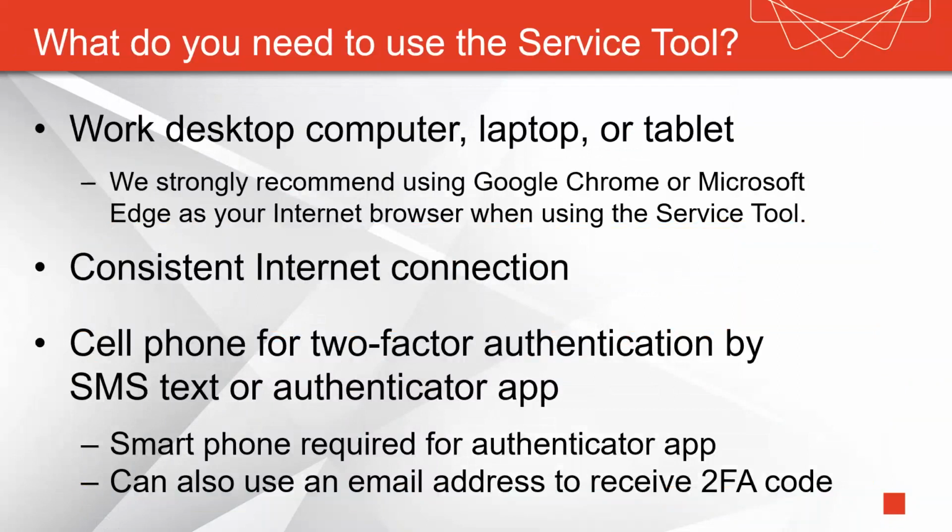It's probably easier to interact with a larger screen, and we recommend that you use Google Chrome or Microsoft Edge as your internet browser, because those are the most compatible with the programming of the service tool. And you'll need a cell phone for two-factor authentication by SMS text or authenticator app. This can be just a personal device, or if necessary, you can also use an email address to receive that two-factor authentication code.